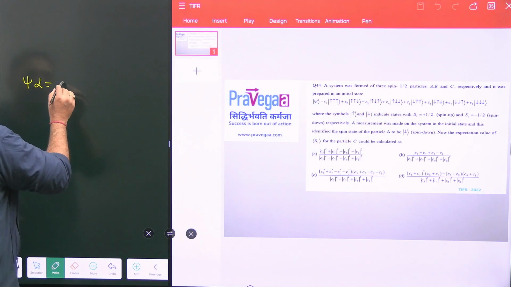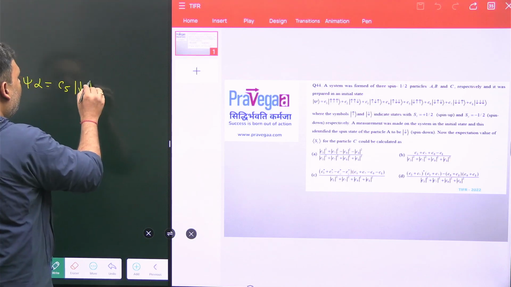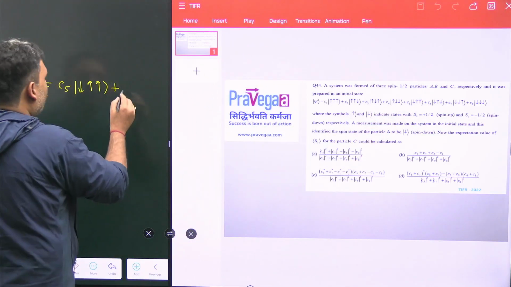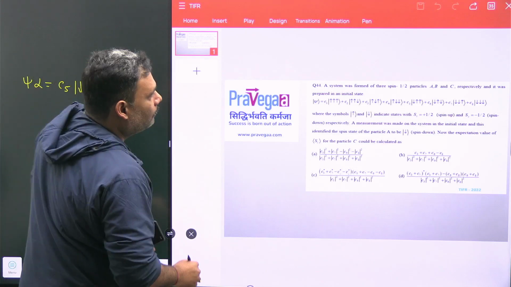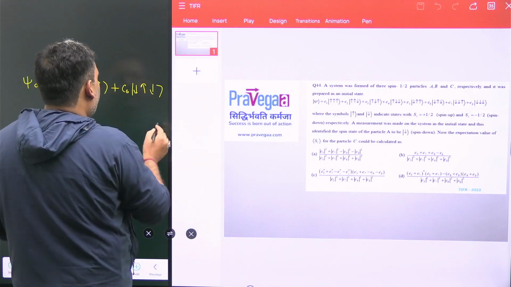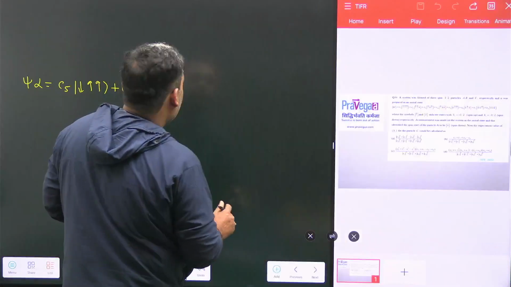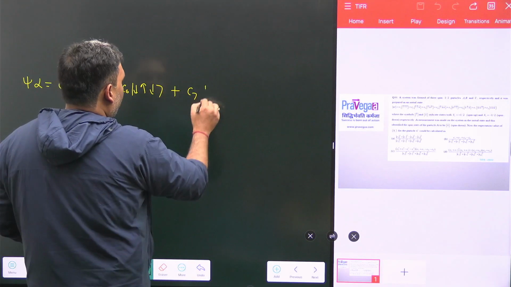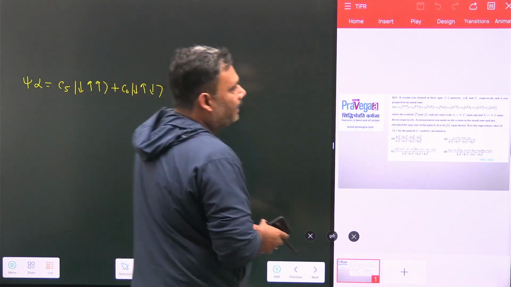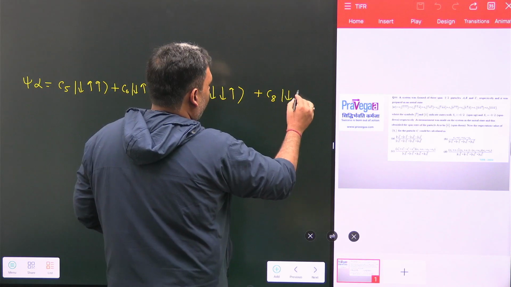So this is C5, which is down, up, up, plus C6, which is down, up, down, and then we have C7, which is down, down, up, and then we have all downward for C8, that will be down, down, down.